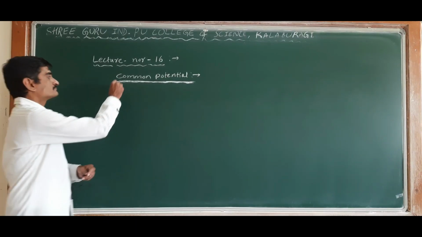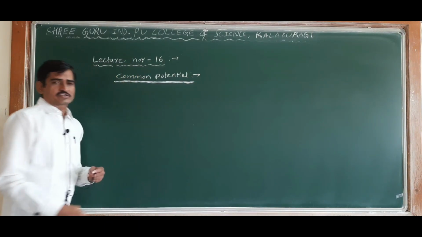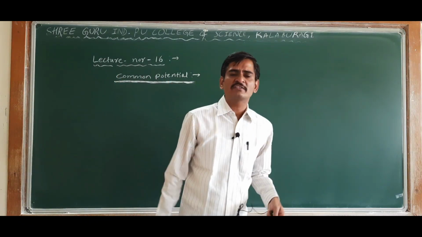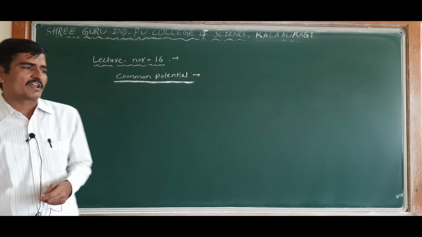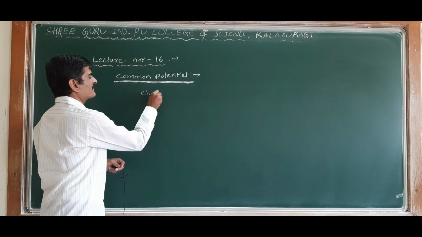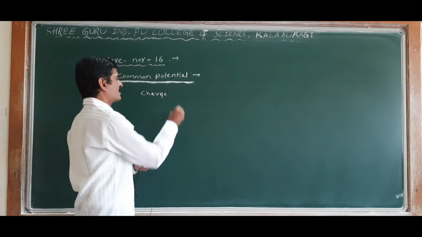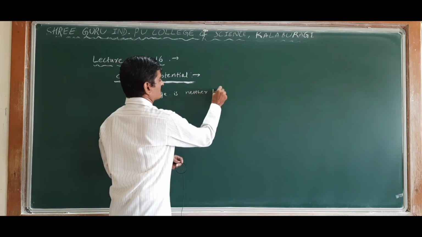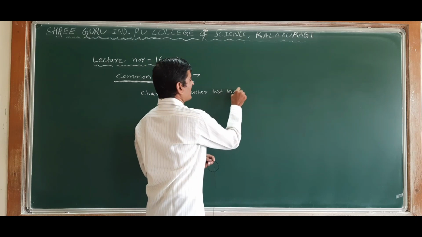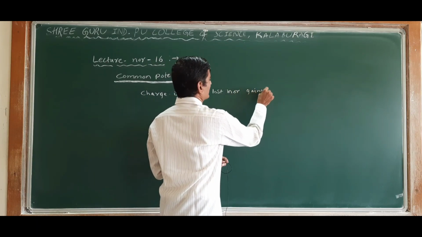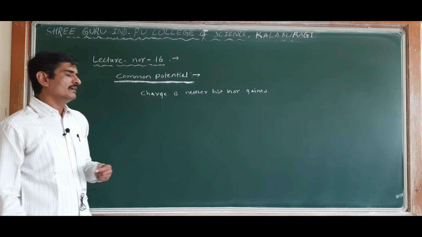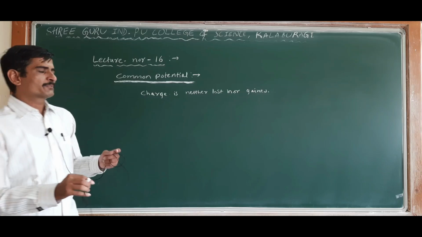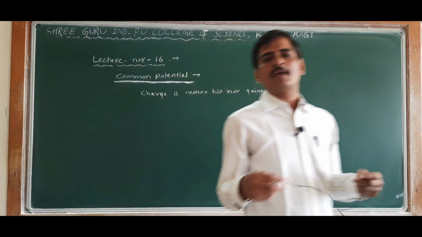Understood? When charge is shared from one capacitor to another capacitor, charge is neither created nor destroyed. That is, charge is neither lost nor gained. This flow of charge occurs only when they are connected through a metallic wire.